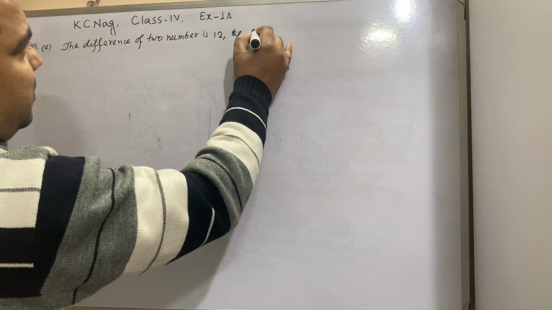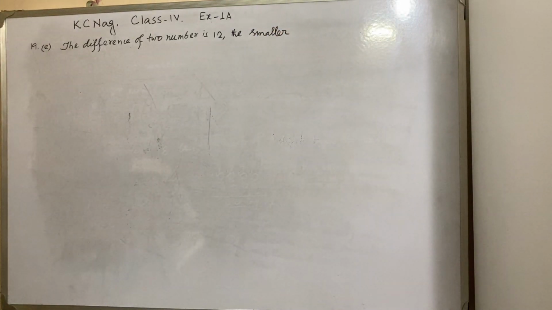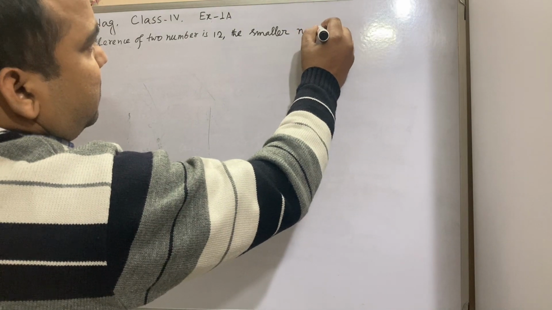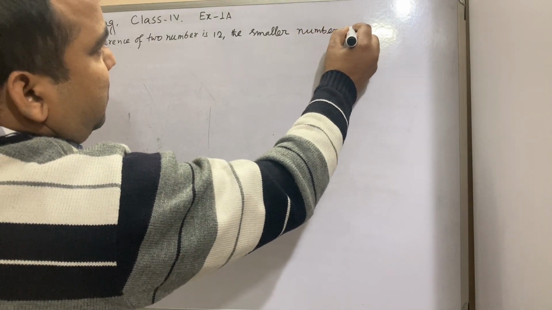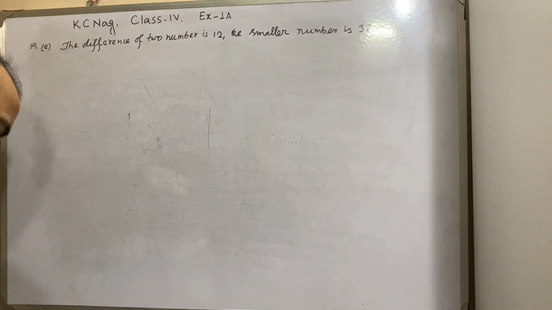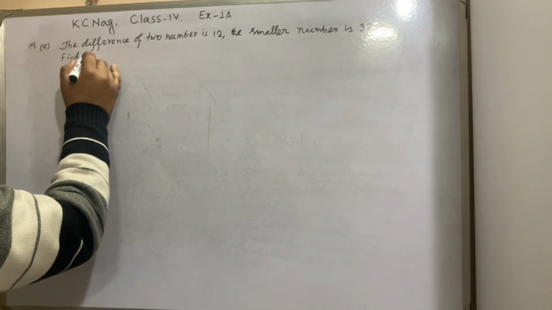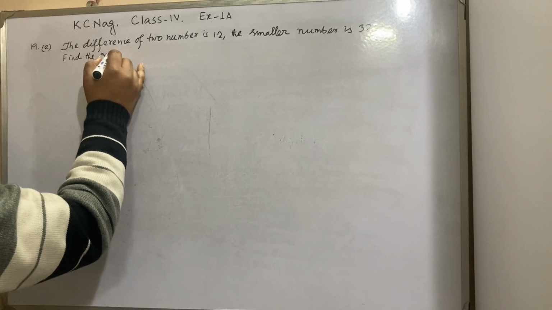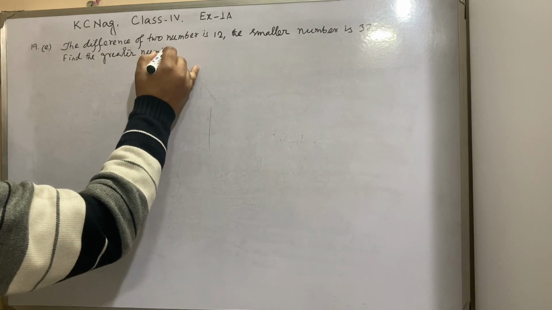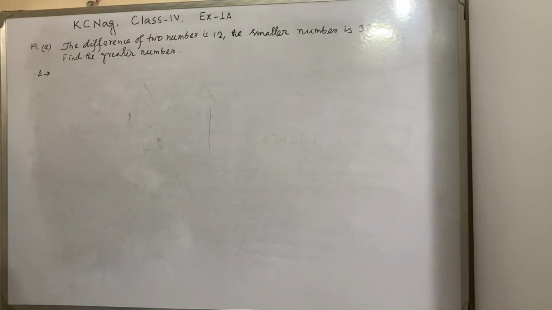The smaller number is 32. Find the greater number.